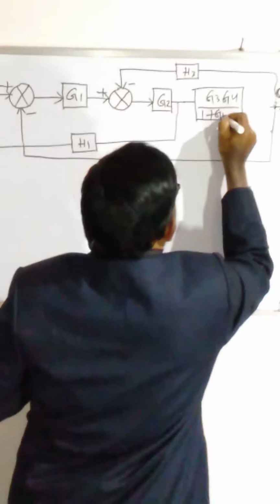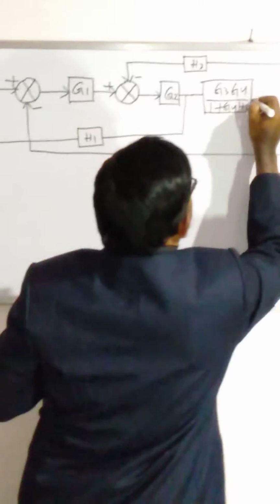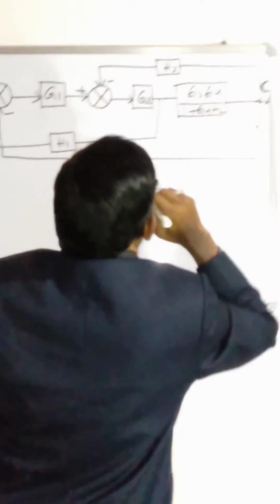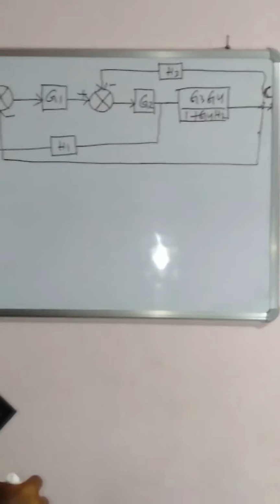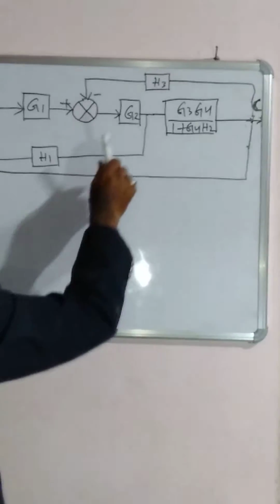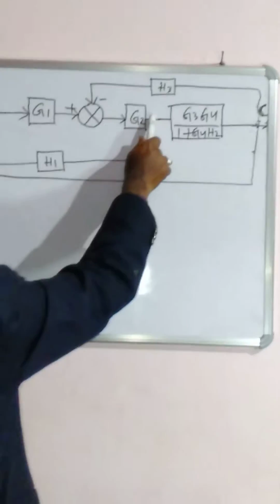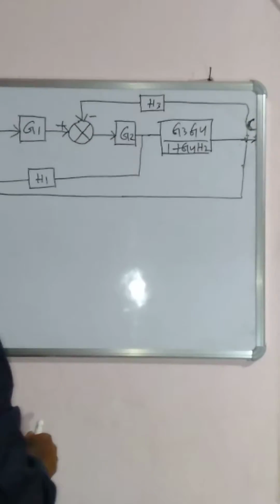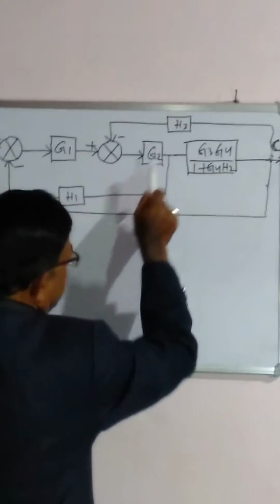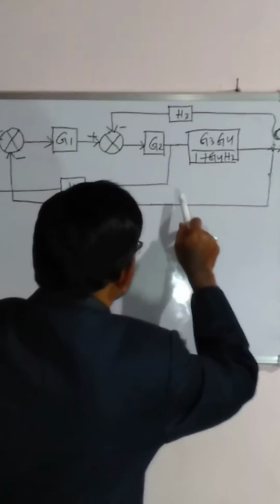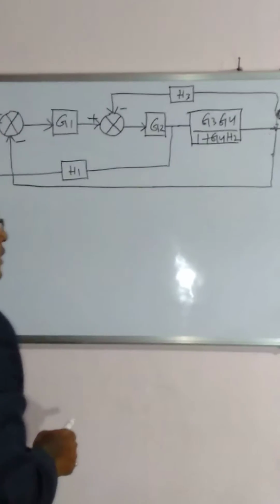By 1 plus G4 H2. So now we have to operate this takeoff point. If we move this takeoff point to this side, then the problem can be easily solved.